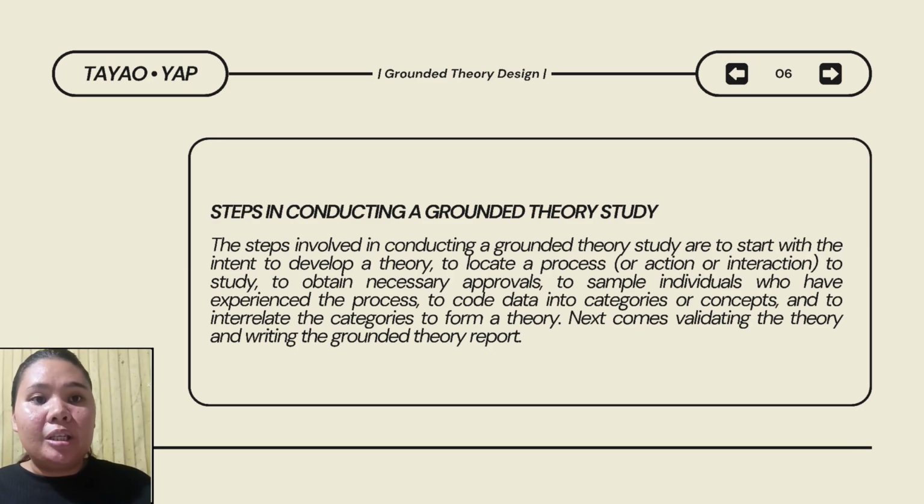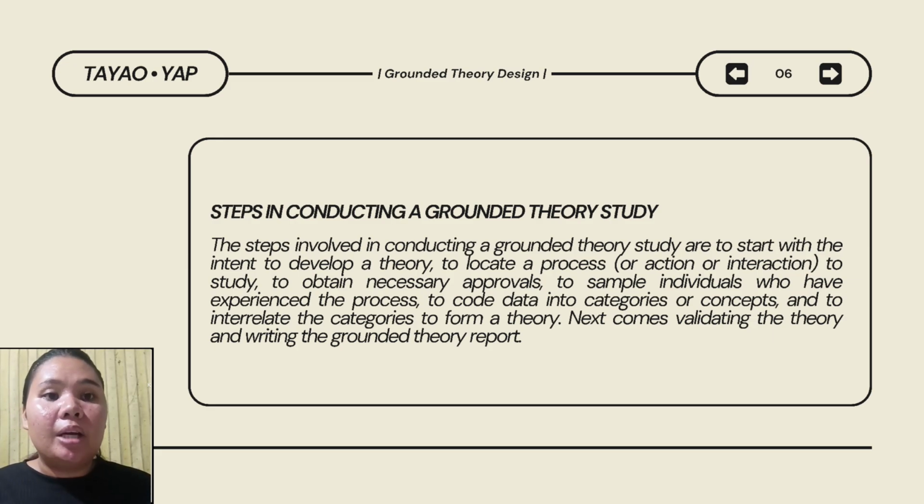After finishing coding the data, proceed to step number 6: use selective coding and develop the theory. This is the continuation of step number 5. In step number 5, you use two codings, the open and axial coding. In step number 6, you are going to use selective coding, which is the third or the last step in grounded theory.